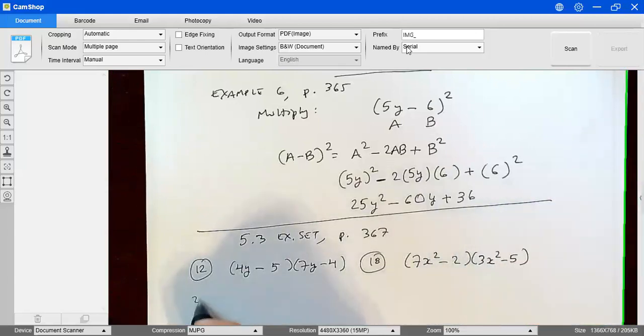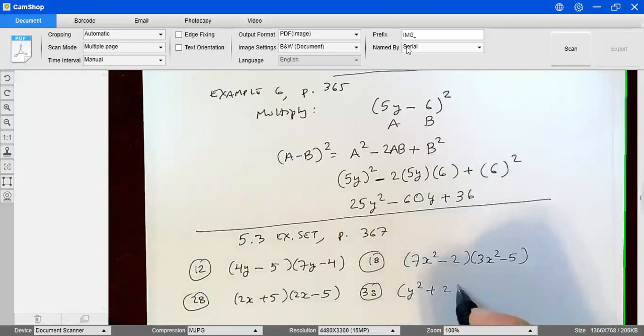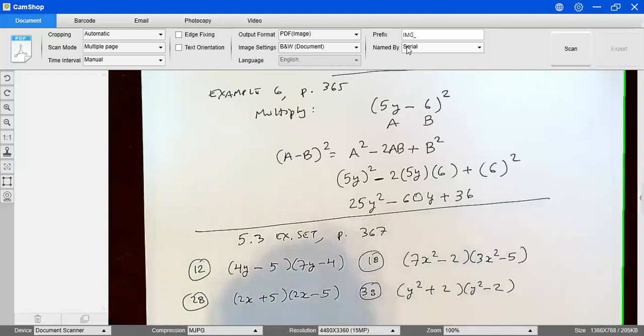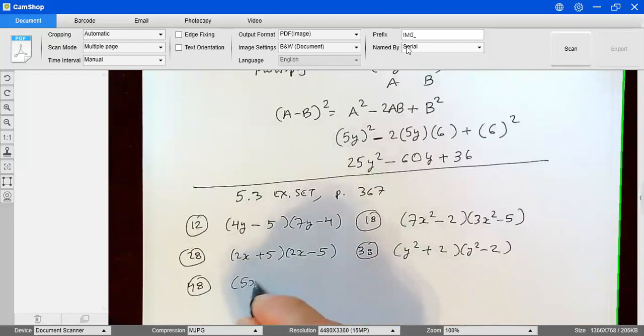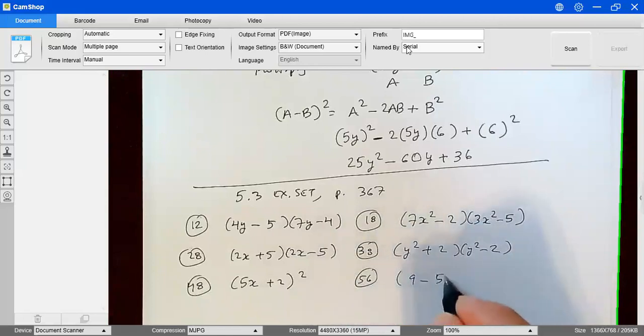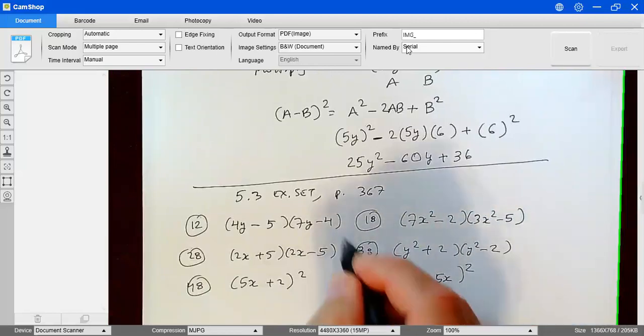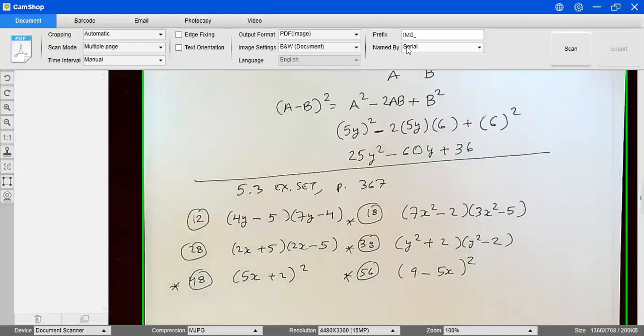Then 28, (2x + 5)(2x - 5). 38 is (y squared + 2)(y squared - 2). 48 is (5x + 2) squared. And finally, 56 is (9 - 5x) squared. So at least work these problems. This is the end of this lecture.